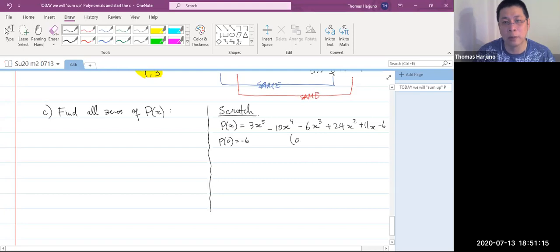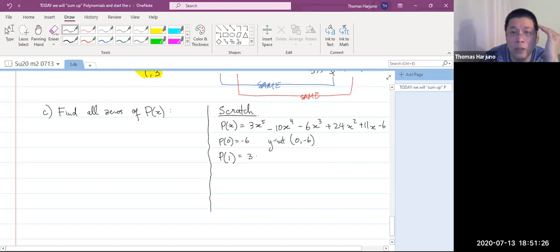That's the y-intercept, by the way. Now, how about P(1)? You will see we just add the coefficients: 3 minus 10 minus 6 plus 24 plus 11 minus 6. Do you think that will be positive or negative? It will be positive. So 27, 38 minus 22. That's positive 16.